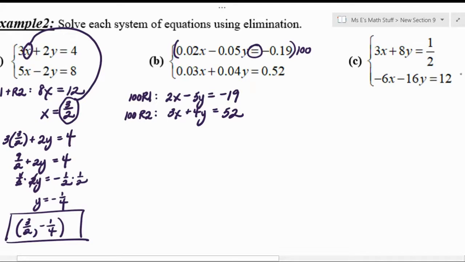So if you have a habit, which I'm going to label a bad habit, of writing your scalar multiples in that fashion, I'm going to encourage you to switch to the notation that you see here, where I'm saying what I'm multiplying the entire row by. It'll keep you out of trouble when math gets bigger and harder later.